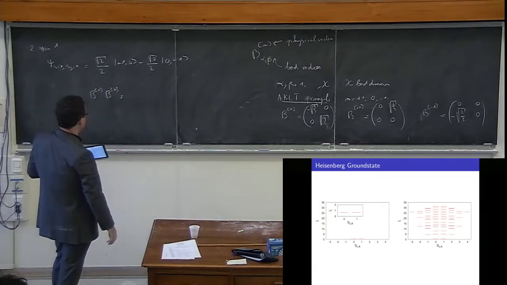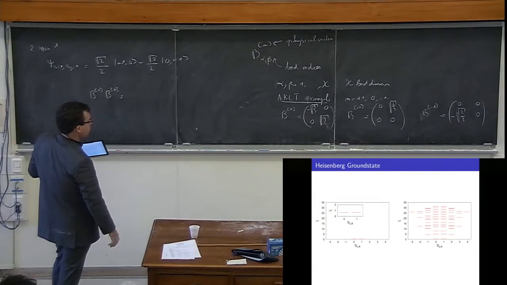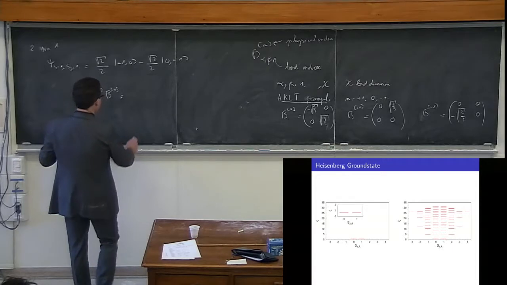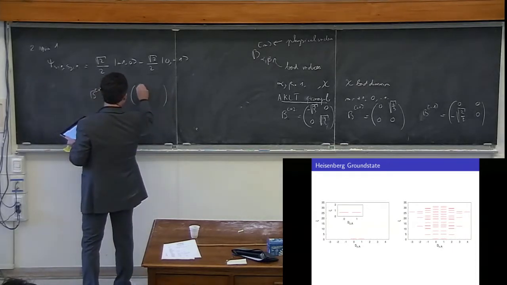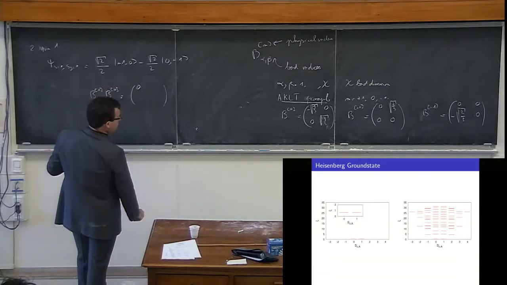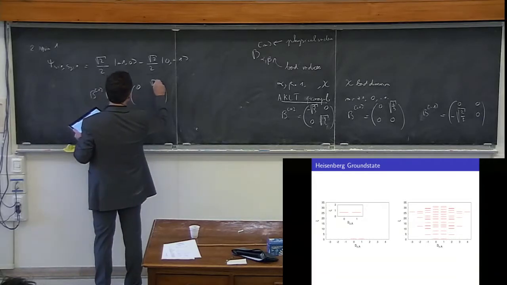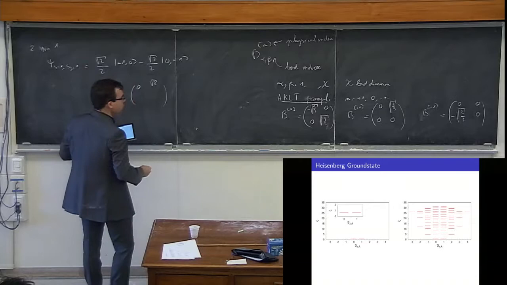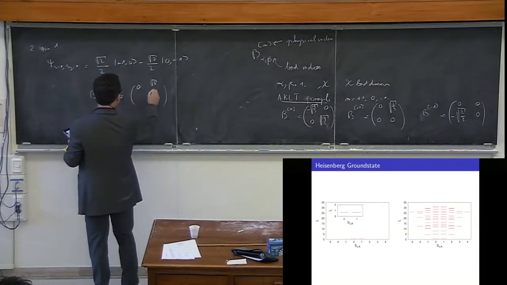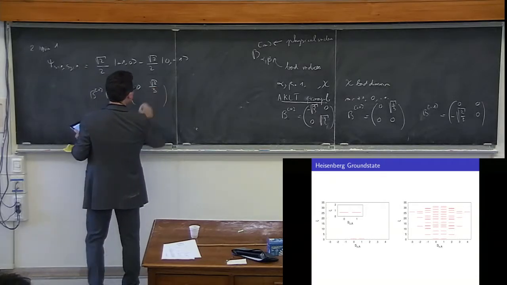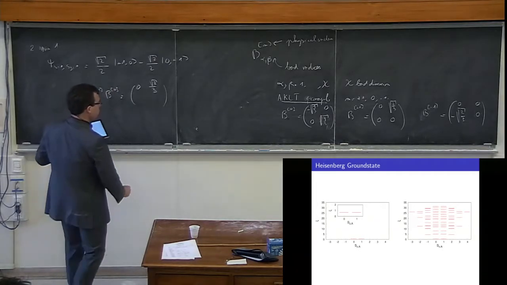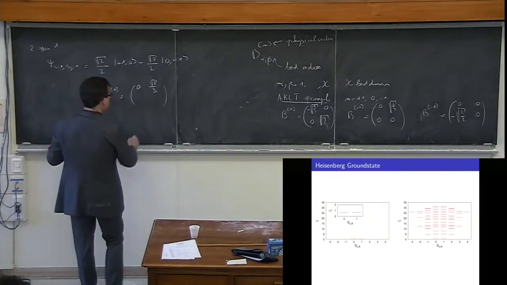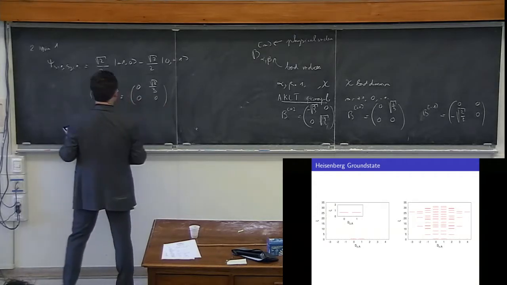If we take the product of B1 and B0, first you get 0, then you get square root of 2 over 3. The next ones will give you 0 and 0.